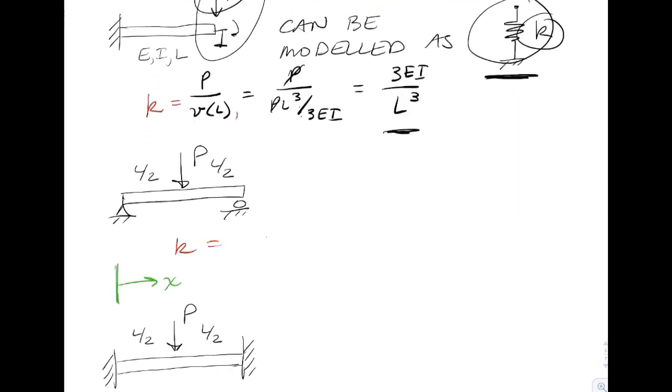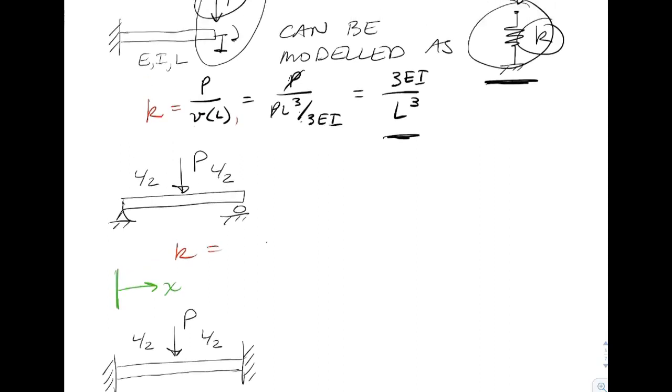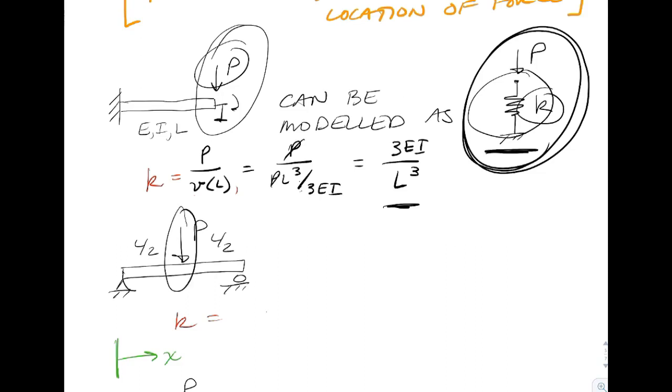Take a look at a couple other beams here. So we've got a simply supported beam with a load P right in the middle at L over 2. Could we model that, just at the location of the applied load, with a simple translational spring? We could. We'd have the load P divided by the displacement at the location of the applied load.